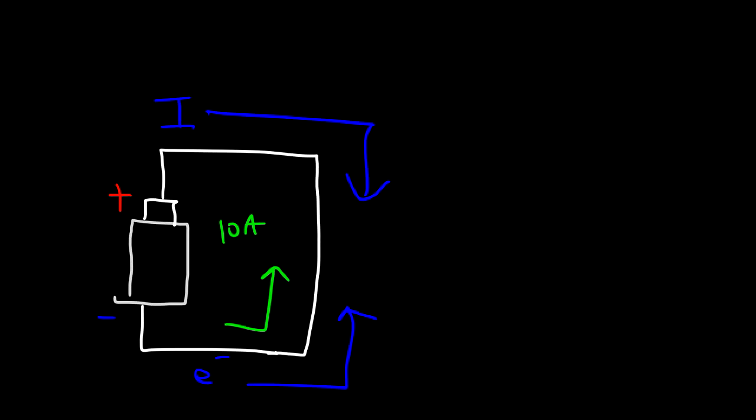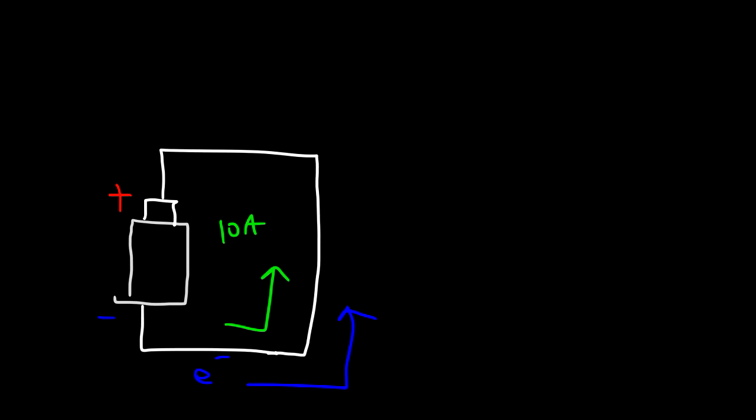When you have a short circuit, it can deliver a lot of current. So let's say this battery can release 10 amps of current. Now keep this in mind, electrons flow from negative to positive, but conventional current is defined as the flow of positive charge. So conventional current flows from the positive terminal to the negative terminal, but electrons flow from the negative terminal to the positive terminal.